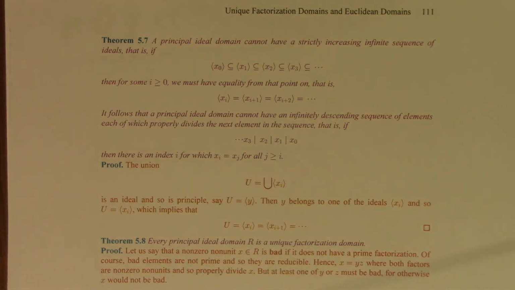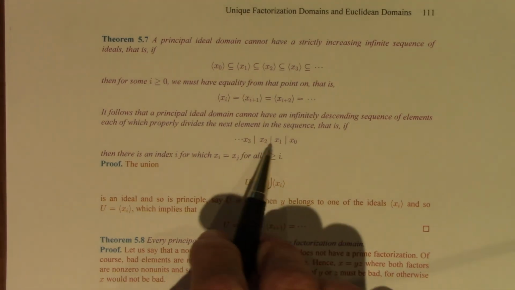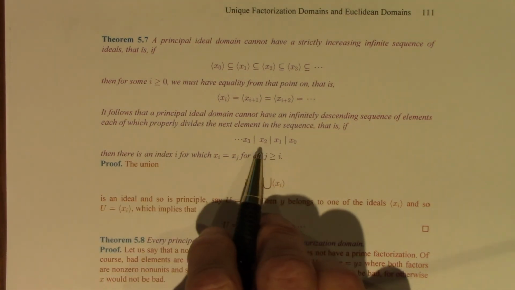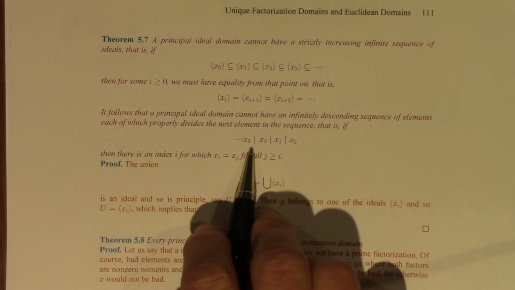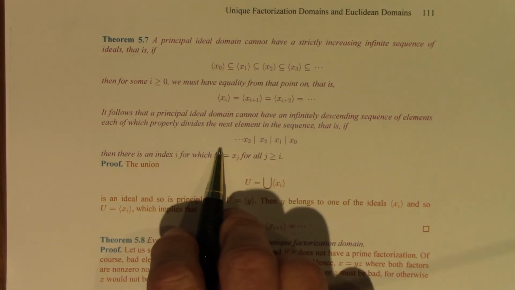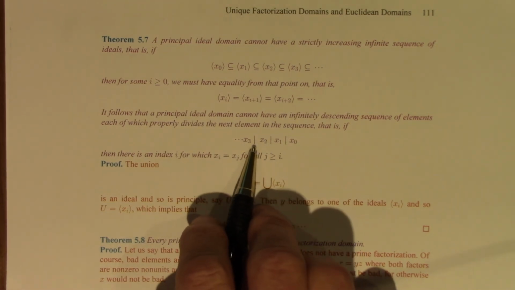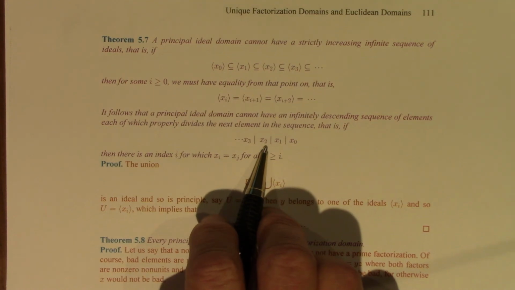It follows from that a principal ideal domain cannot have an infinitely descending, strictly descending sequence of elements, each of which properly divides the next element in the sequence. So if we have this situation, which goes to the left indefinitely, these cannot all be proper divisibility.